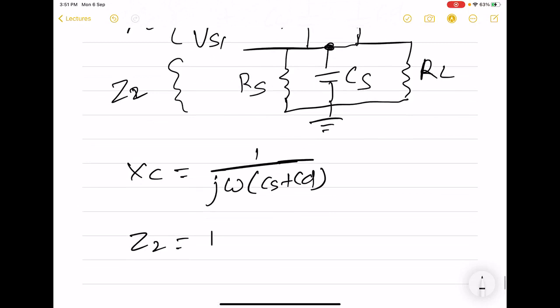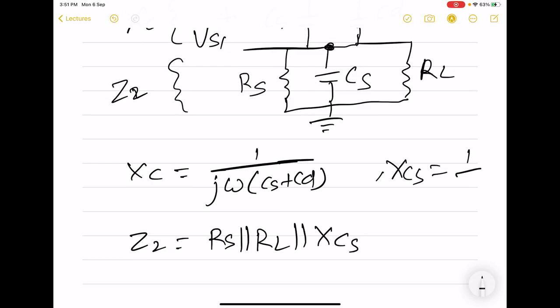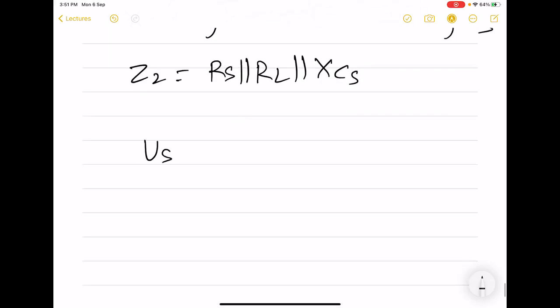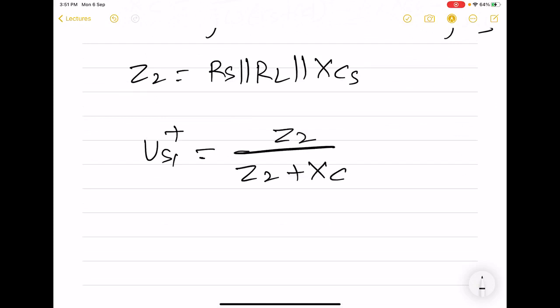Z2 is RS parallel RL parallel XCS, where XCS is 1 by j omega CS. So now we can write Vs1 plus as Z2 divided by Z2 plus XC into VLO plus.